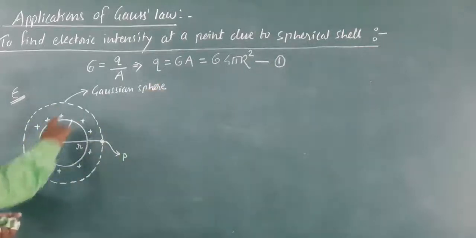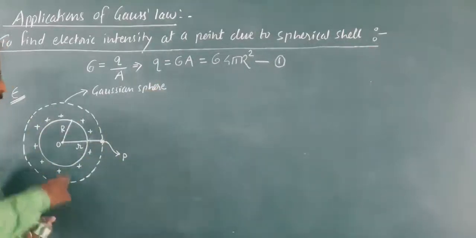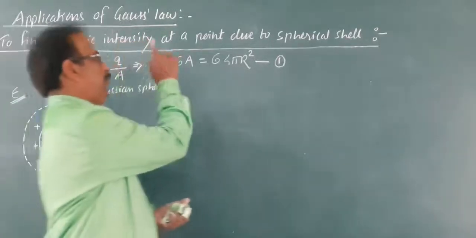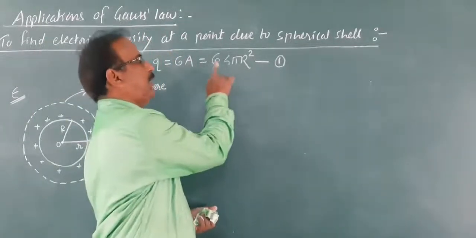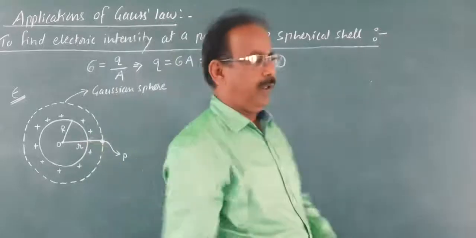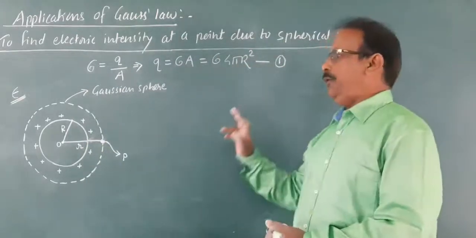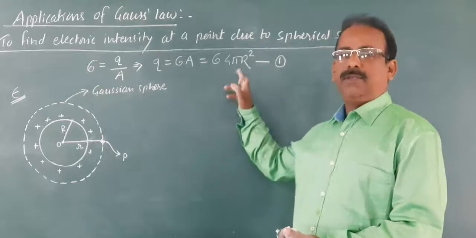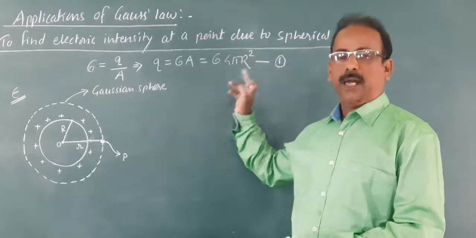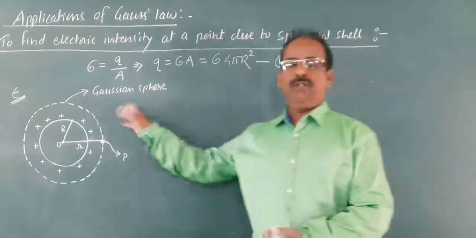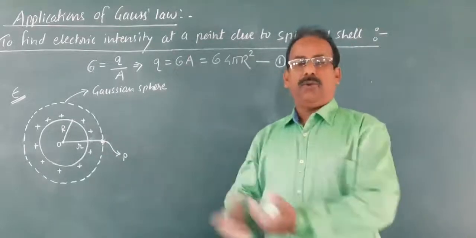See that the charge enclosed by the Gaussian sphere is how much? The charge present on this spherical shell, Q equal to sigma times 4 pi R square. This whole spherical shell is enclosed by that Gaussian sphere.